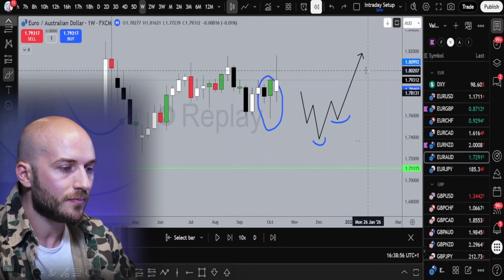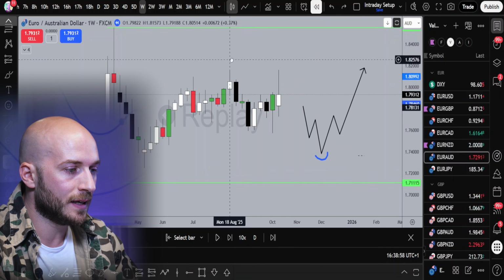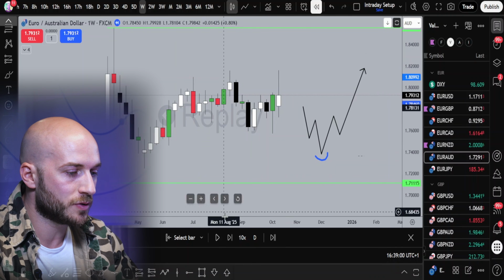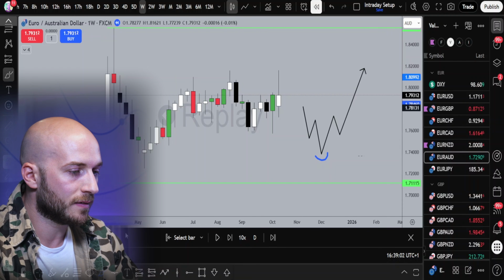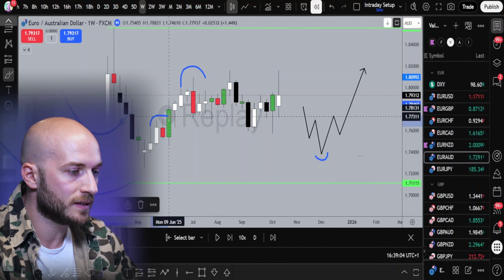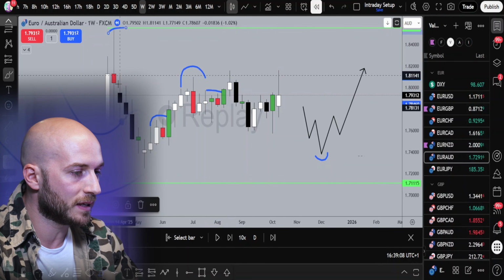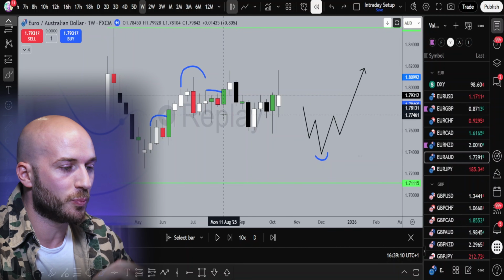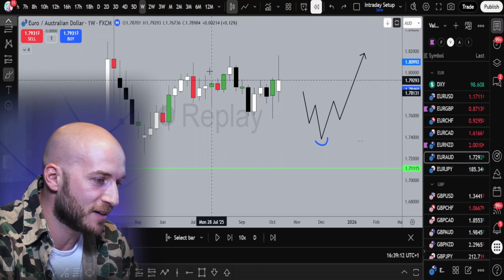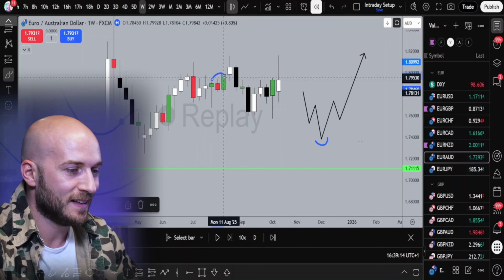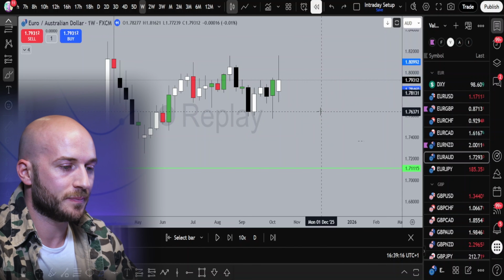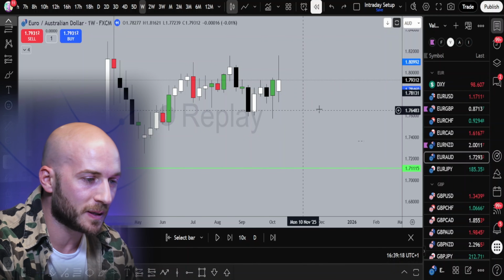At the same time, if you see, these are all swing highs. This is a swing high, this is a swing high, swing high, and swing high because of the red candle. Of course, you have to put the context on that. This is not a real swing high, but it is an anticipation of that. So I'm not reinventing the wheel.